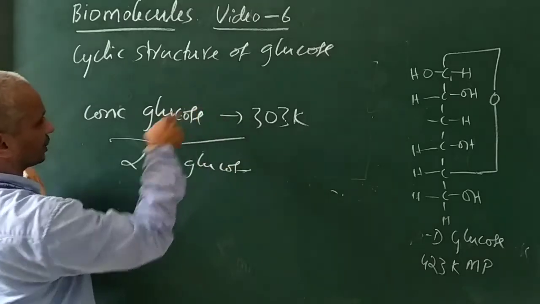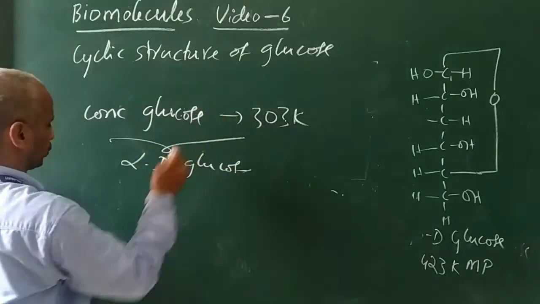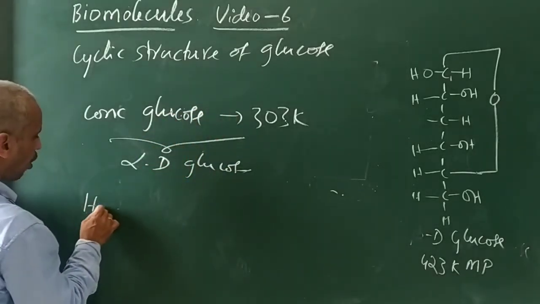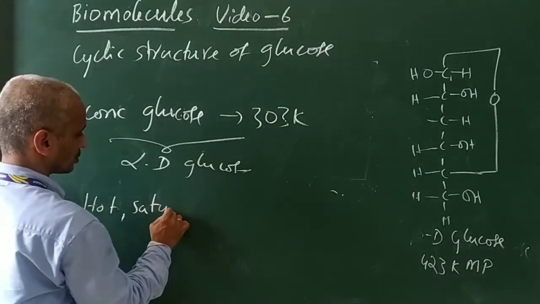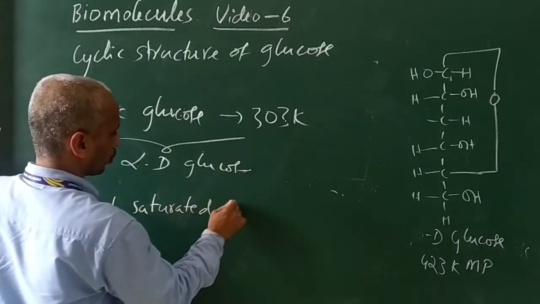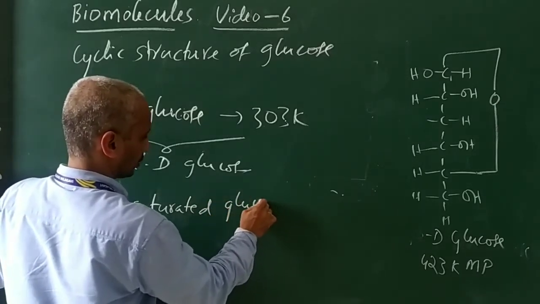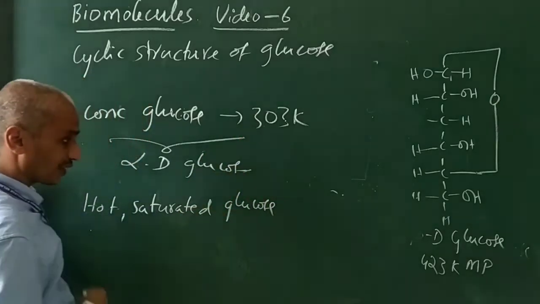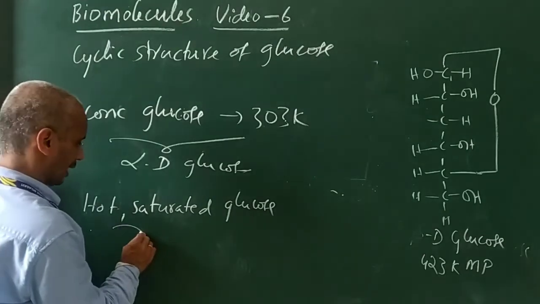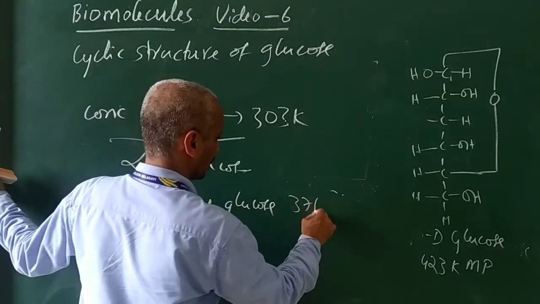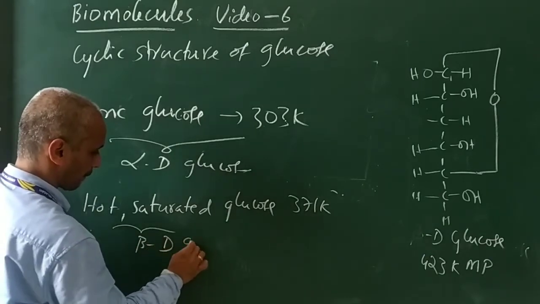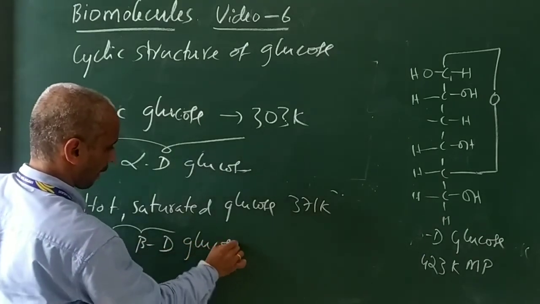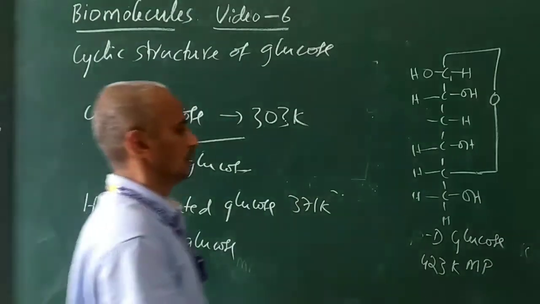It means you crystallize the concentrated glucose solution, then the hot saturated glucose solution, by saturating the solution and going for crystallization at around 371 Kelvin. What I get will be the beta D glucose. Note this property, alpha and beta D.